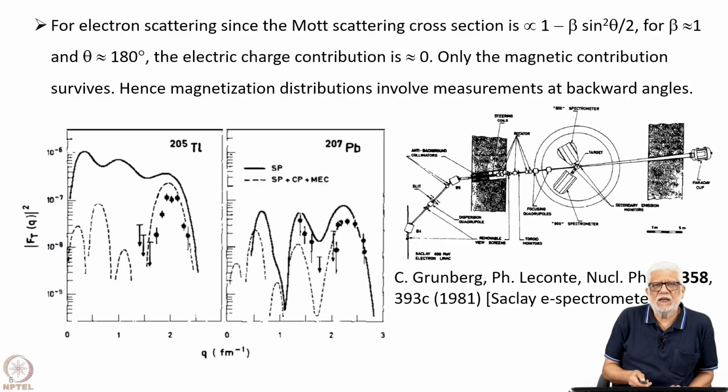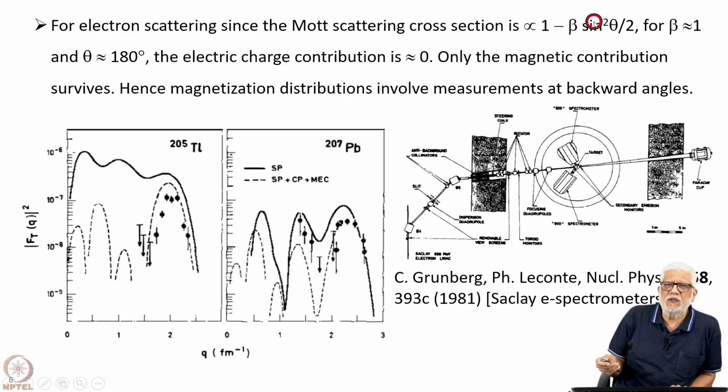For electron scattering, the Mott cross section, I have already said this, but I will repeat it here, is proportional to 1 minus beta squared, and with beta close to 1, this becomes cosine squared theta. That is of course 0 for theta equal to 180 degrees, because cosine 90 is 0. So, the electric charge contribution is 0.